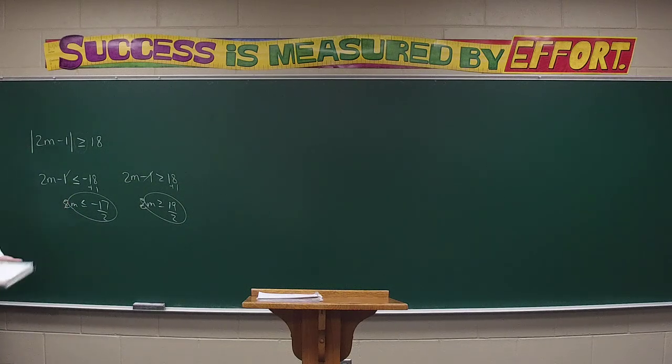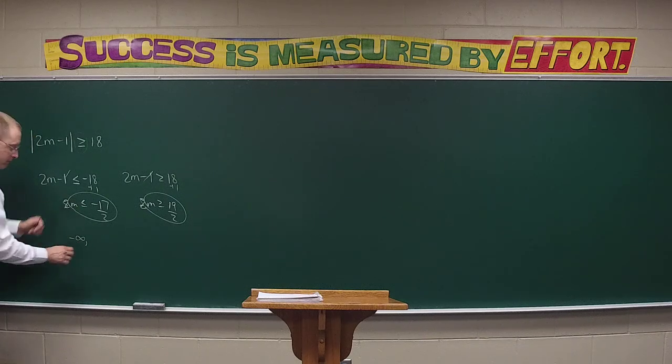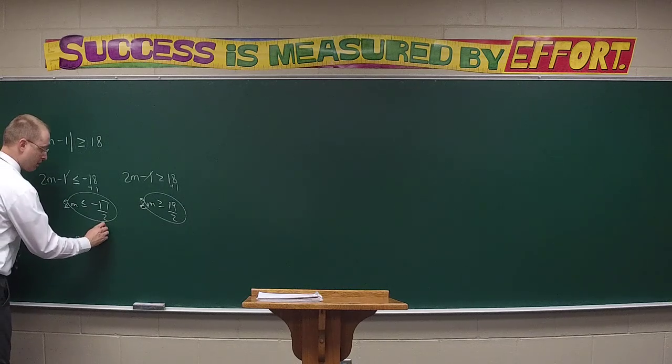Well, think about it this way. Less than means getting smaller and smaller and smaller until eventually you get all the way down to negative infinity. So that's actually where we want to start, with our negative infinity, and then reach to the... there we go. Now, how do I punctuate, if you want to call it that, my inequality interval? A bracket. Where? The negative 17 halves.